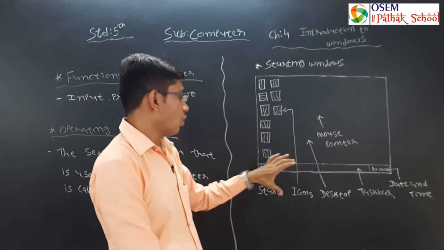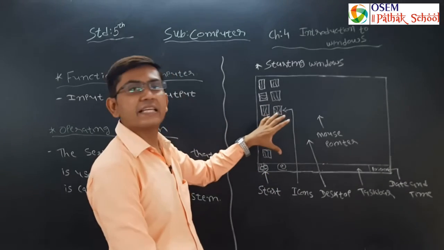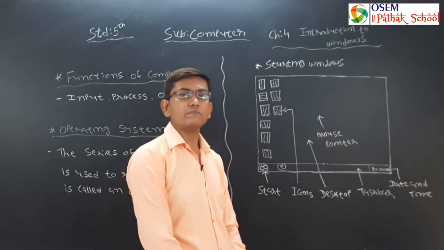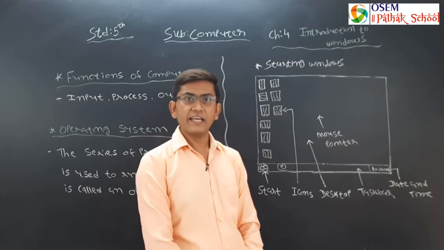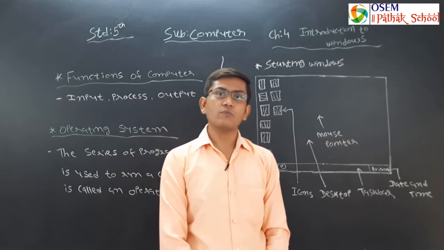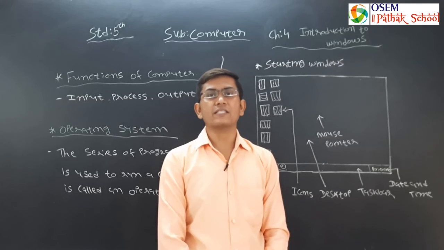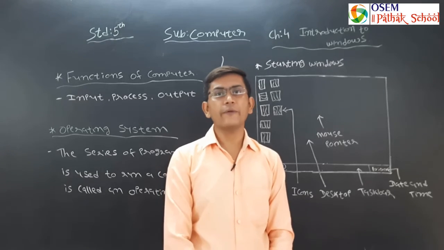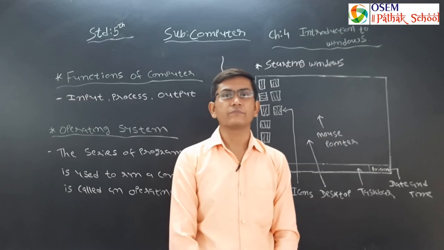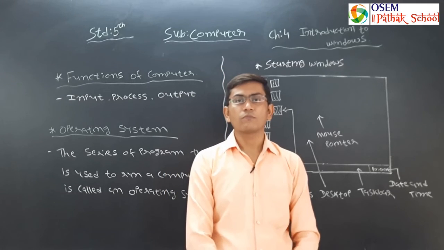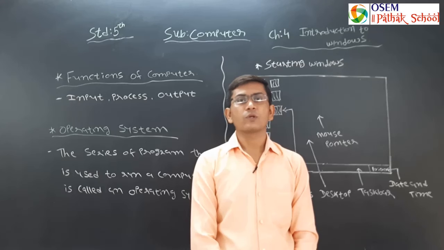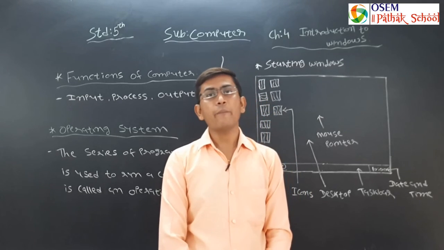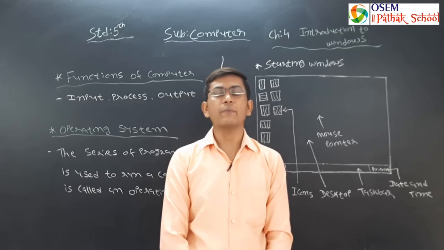So this is all about the basic description about the Windows operating system. Nowadays, Windows operating systems are most popular operating system. There are different versions available in market. For example, Windows XP, Windows Vista, Windows 8, and many more versions are also available.